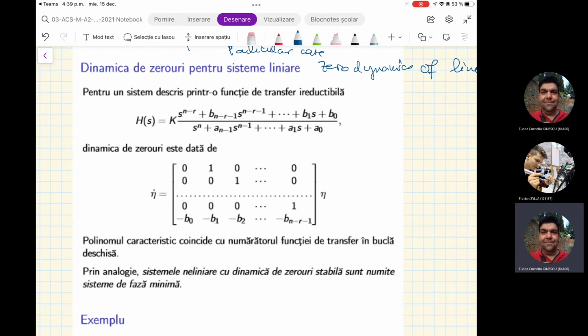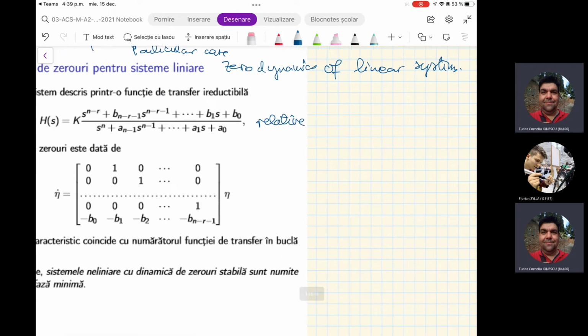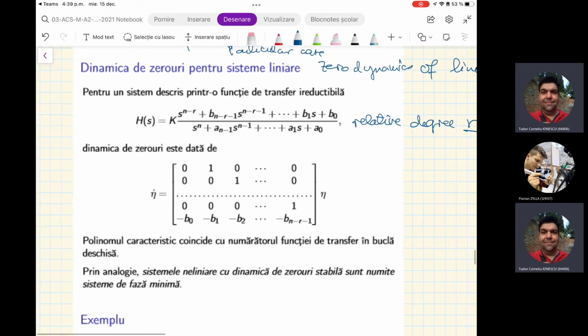Okay. And the relative degree is r. Look at the degrees of the polynomials. Okay, relative degree r. You assume this. The zero dynamics is given by this system.